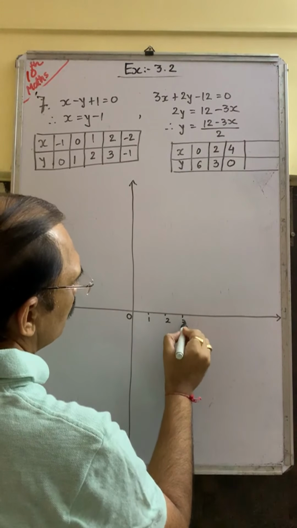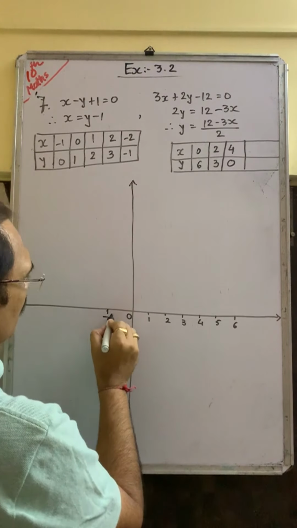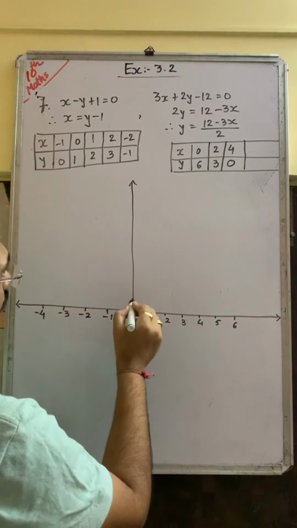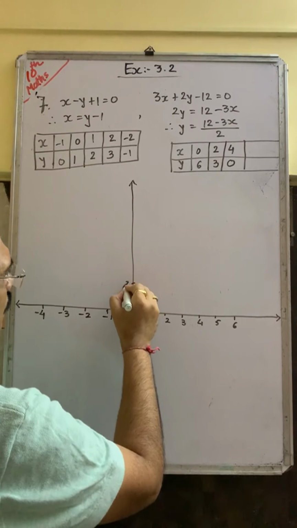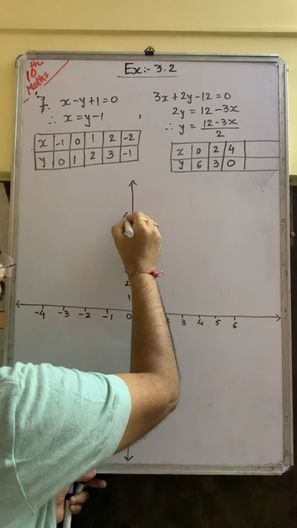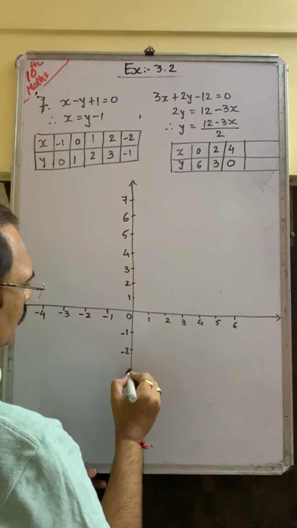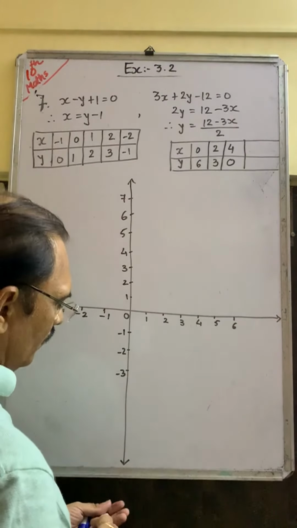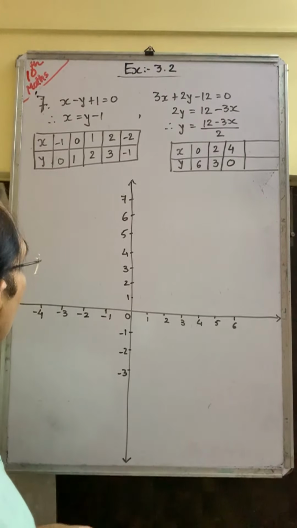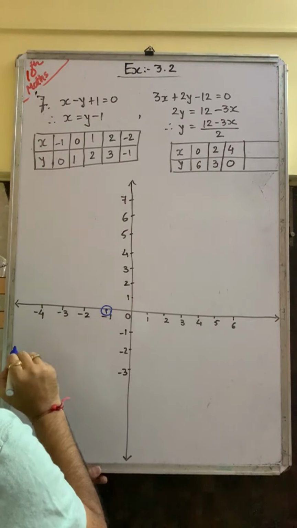1, 2, 3, 4, 5, 6, minus 1, minus 2, minus 3, minus 4. Here 1, 2, 3, 4, 5, 6, 7, minus 1, minus 2, minus 3. Now check it. The first equation, x coordinate minus 1, y coordinate 0. Here it is.